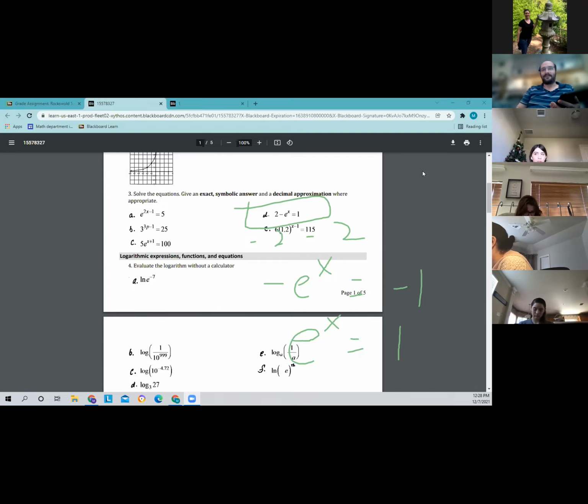You might be able to do this one without doing logs. This is a property. Before we move to the next step, to get rid of the negative, we have to divide by -1, yep. So we're basically flipping the signs.